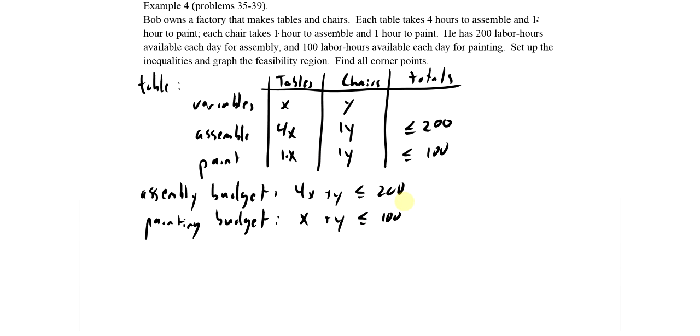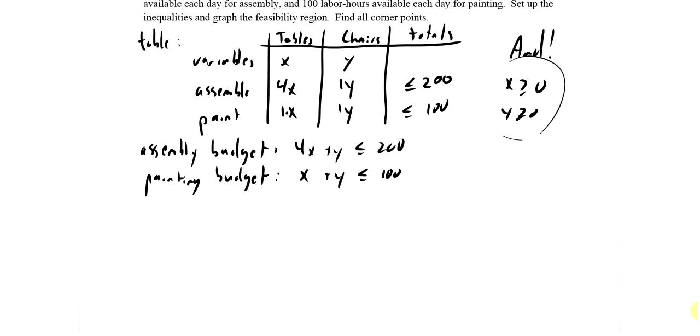Okay, and non-negative restrictions. We're making tables and chairs. You can't make negative tables. You can't make negative chairs. And so x has to be greater than or equal to 0. Y has to be greater than or equal to 0. We are living in the first quadrant. Great. So for assembly, we'll just call this 1 so I don't have to write assembly a billion times. And we'll call that 2 so I don't have to write painting a lot.